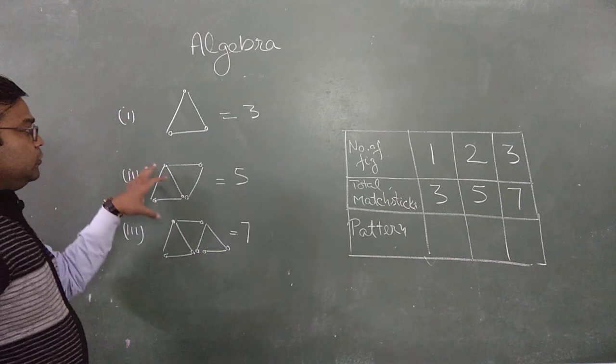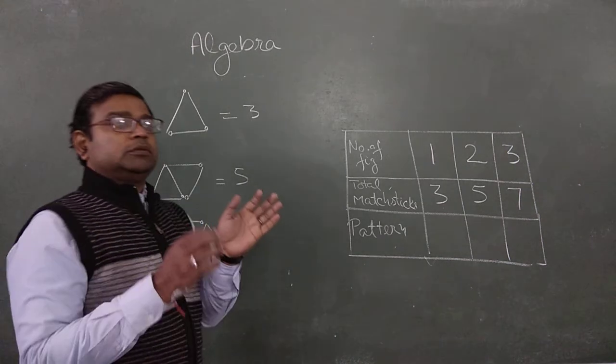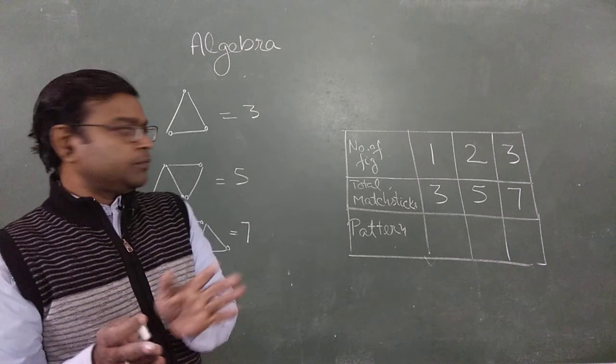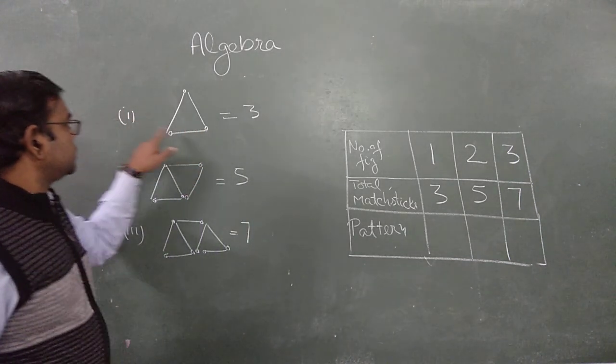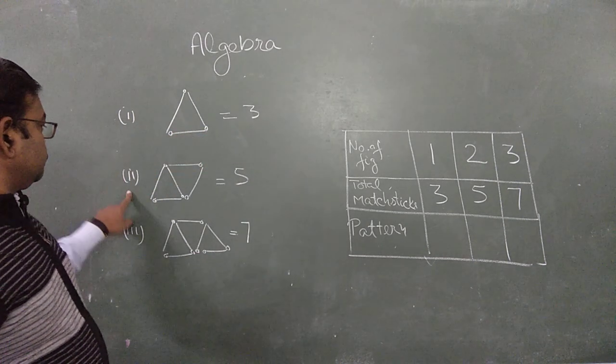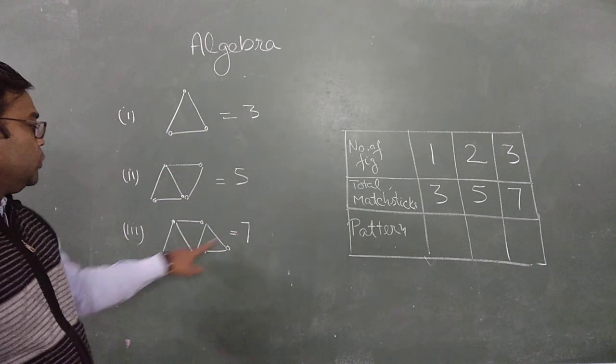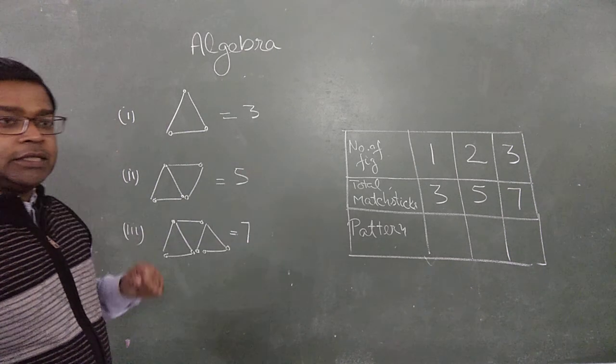So we have to arrange the pattern in such a way that some part must be added. So if we use 1 into 2 plus 1, 2 into 2 plus 1, 3 into 2 plus 1, then we can easily generalize.